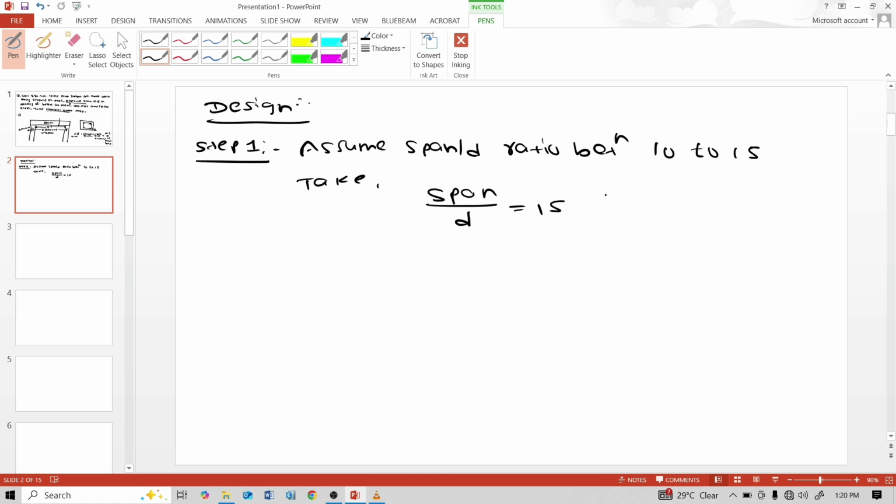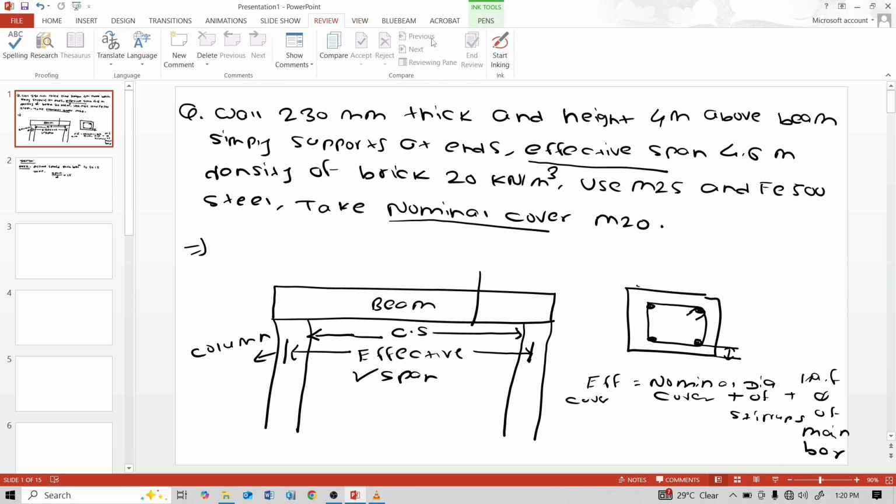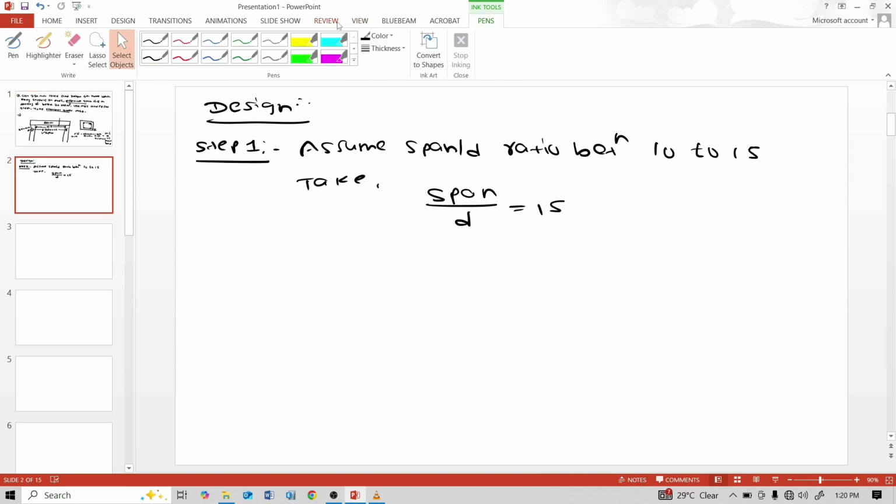So I take 15. My span is, in numerical, they have given 4.6 meter effective span. So in mm, I write 4600 upon 15 in denominator equal to D. So 4600 divided by 15 value comes 307 mm. D equal to 307 mm.